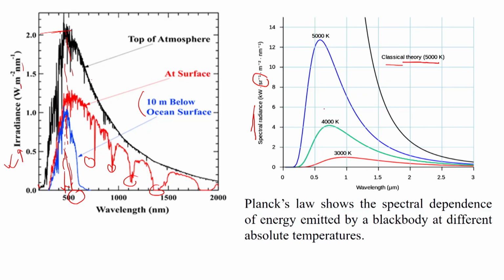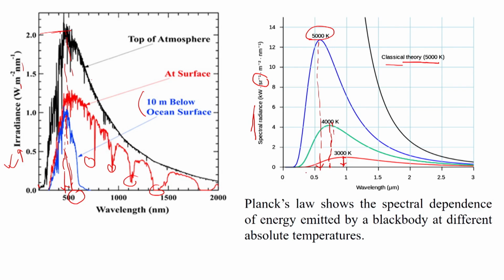For example, at 5000 Kelvin, this radiation is somewhere around here. At 4000 Kelvin, it is peaking somewhere around here. At 3000 Kelvin, you have a much flatter curve, peaking somewhere around here, okay.